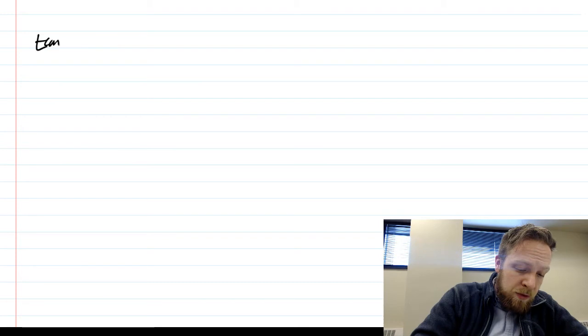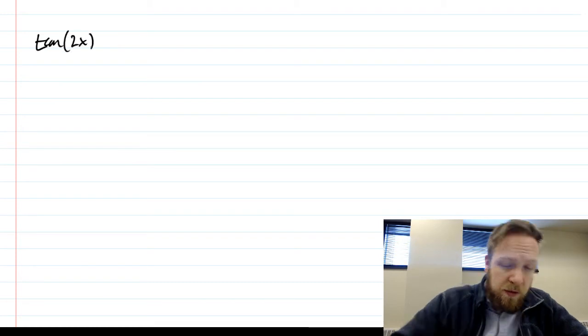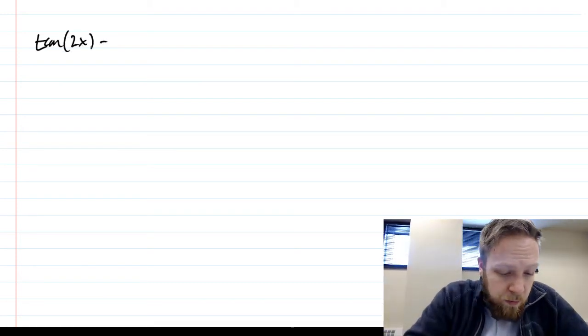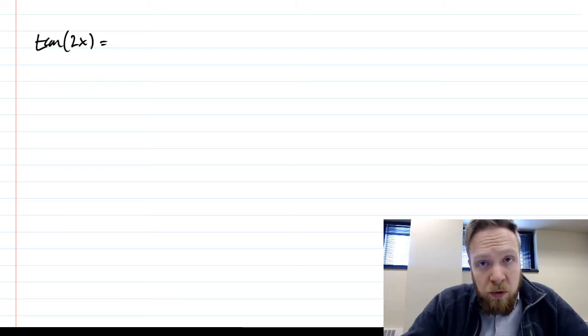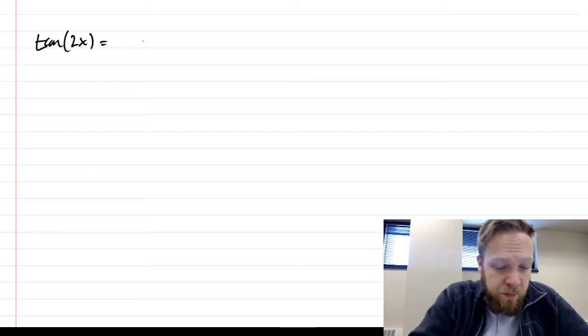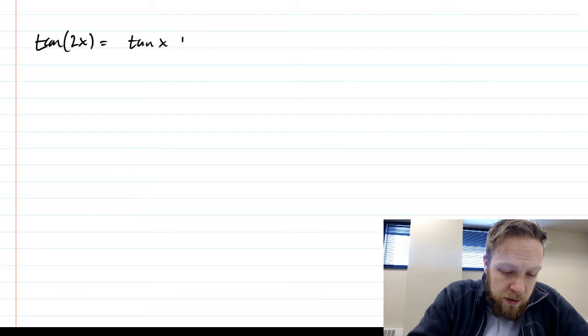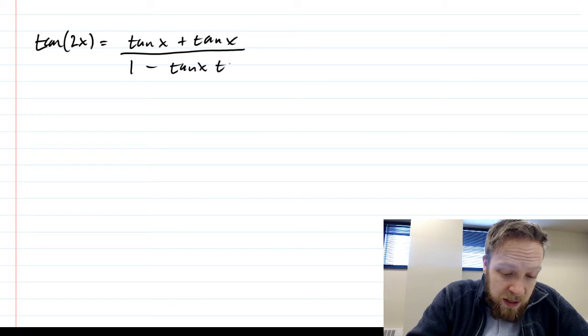Also, we should probably talk about tangent of a double angle. Now that we're going to use it in the same way, we're going to think of this as x plus x. And if you remember back, that's going to be tan x plus tan x all over 1 minus, and then we'll have 2 tan x's down here.